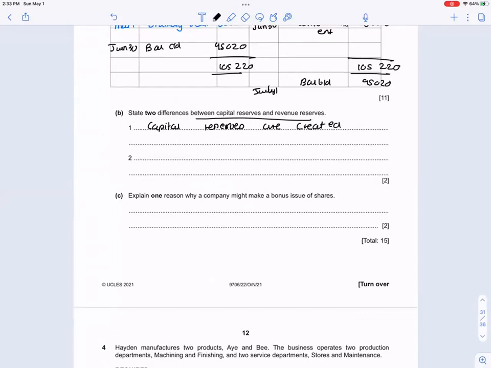Capital reserves are created from non-trading activities and revenue reserves from trading activities.